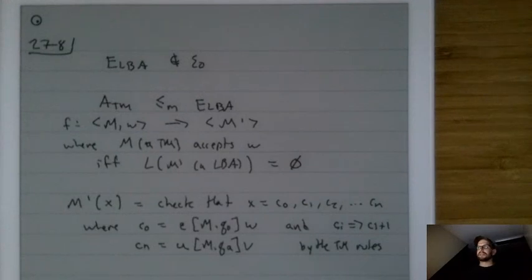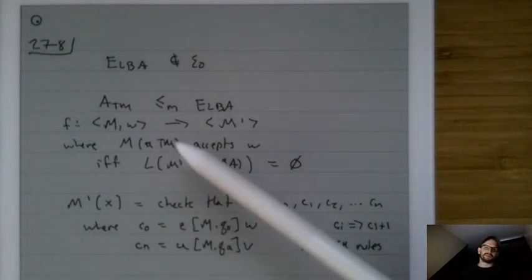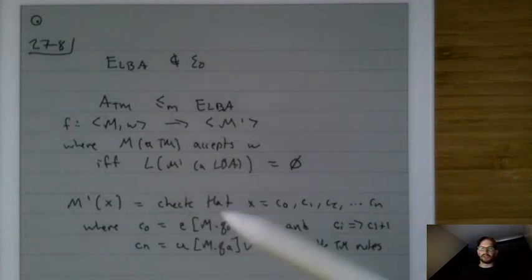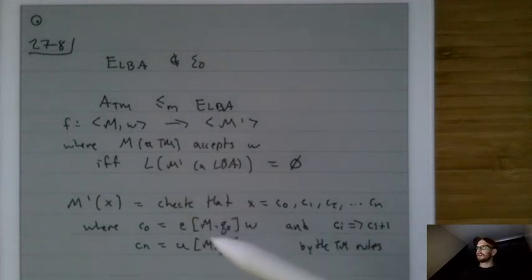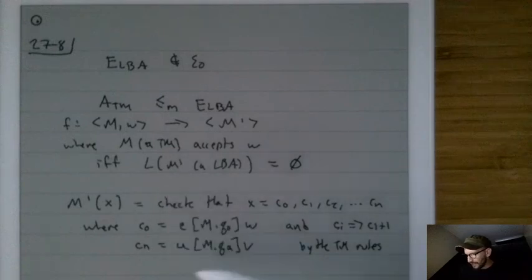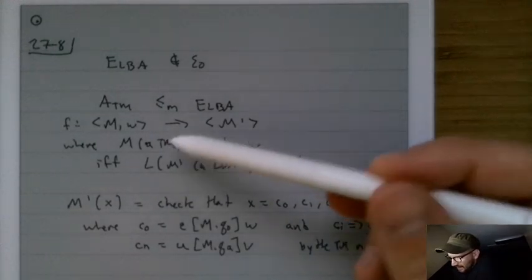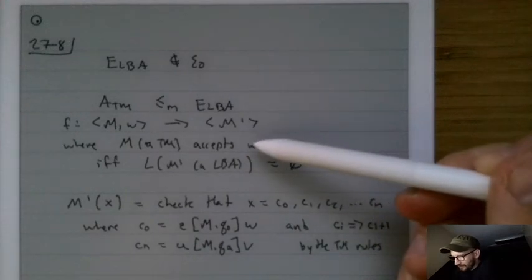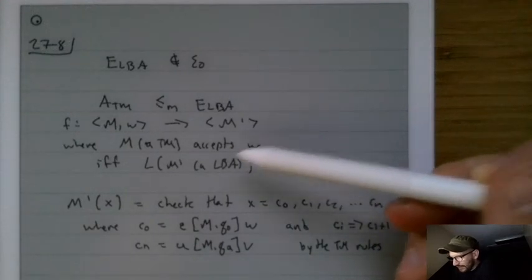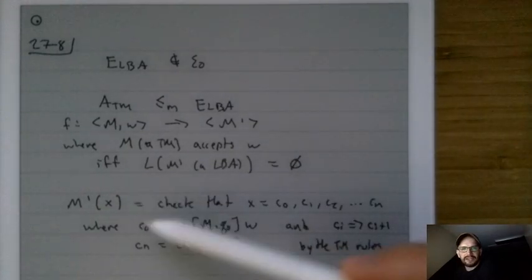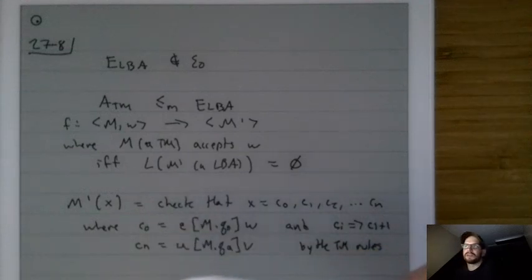All right. Now, why does this help? Well, the reason that it helps is that M accepts W if and only if this machine right here accepts something.